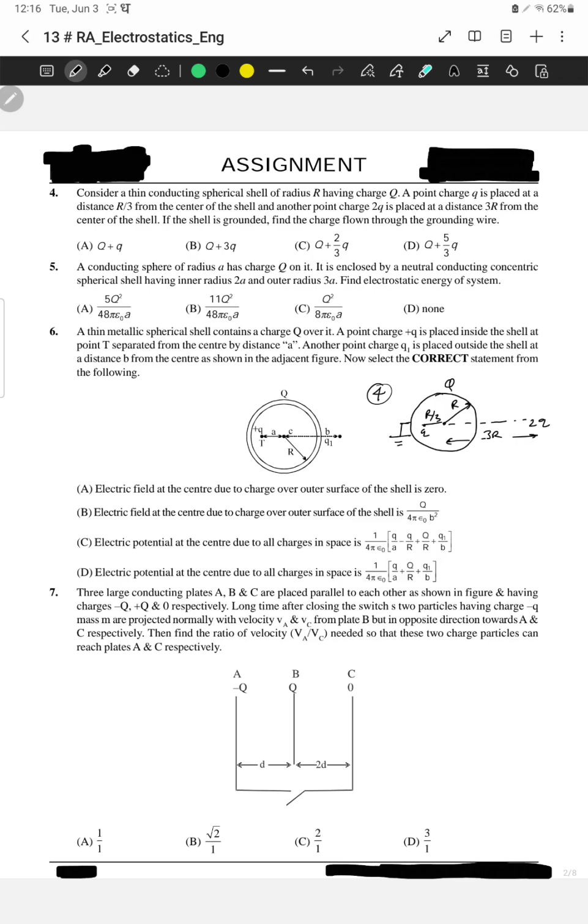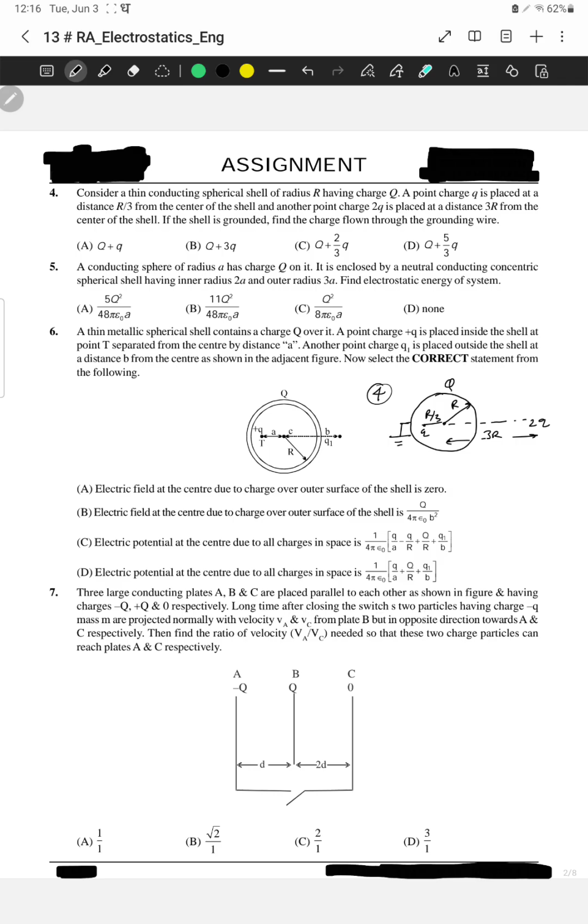There's a concept which we can use here: when the conductor is grounded, the potential of the conductor becomes 0. Since this is a spherical shell, the potential of the shell will be 0. And we know one thing, whatever charge is present inside the cavity has nothing to do with the external region.